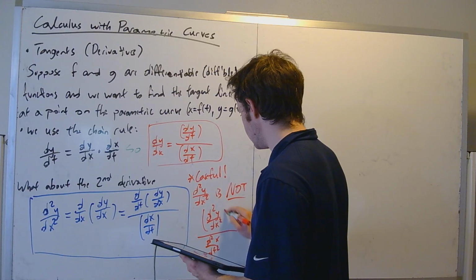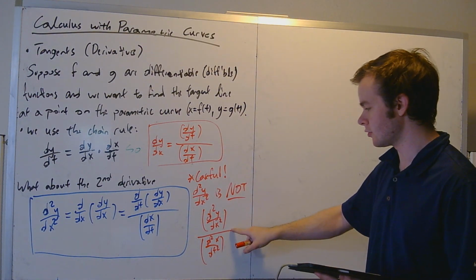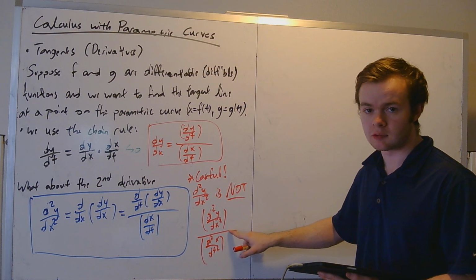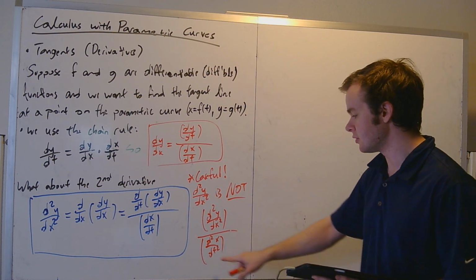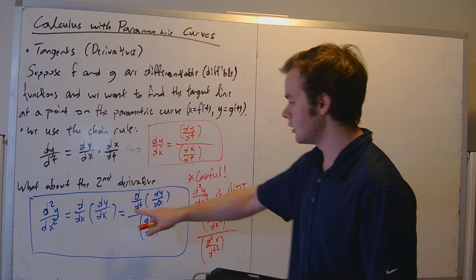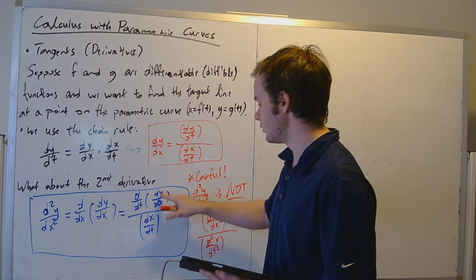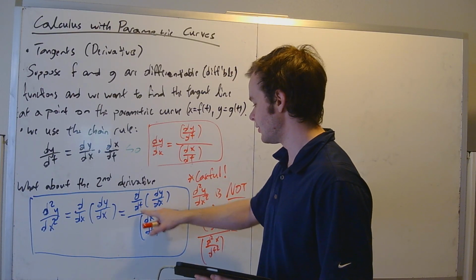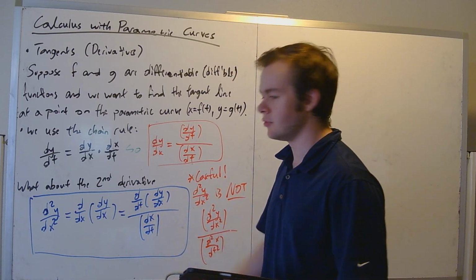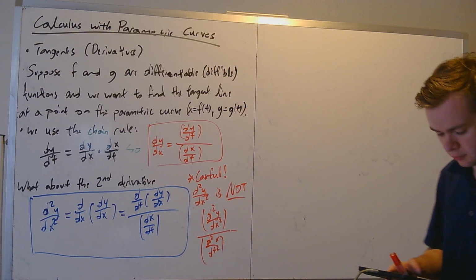So if this were the equation for the first derivative, this is kind of what you would think would be the equation for the second derivative, but this is not correct, so don't use this. You have to use this formula here. You have to take the derivative of what you found here with respect to t and divide that by the derivative of x with respect to t. And this is the way you'd actually find the second derivative.